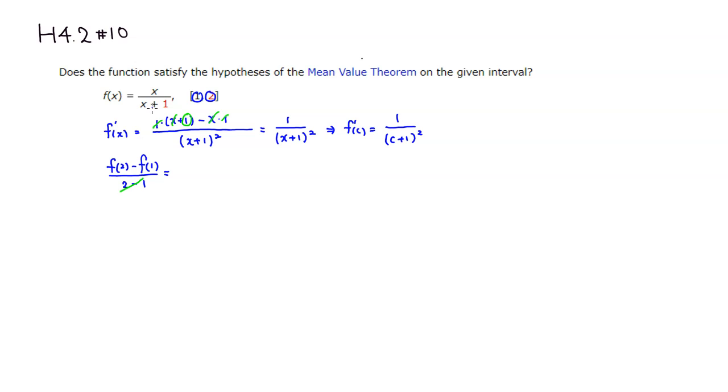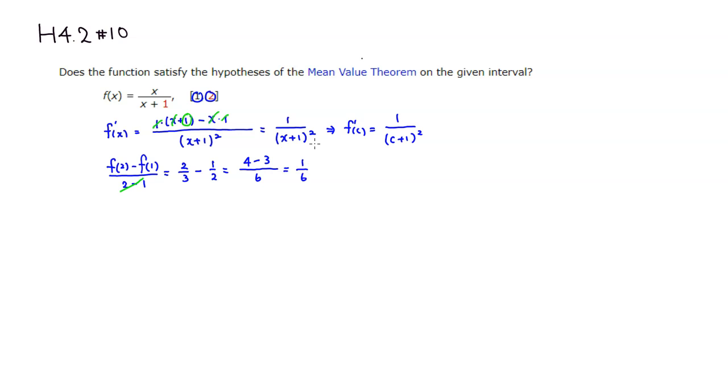If you plug in 2, you have 2 over 3, so 2/3 minus f of 1, which is 1/2. The common denominator would be 6, so you multiply by 2 and by 3, and it's 1 over 6.